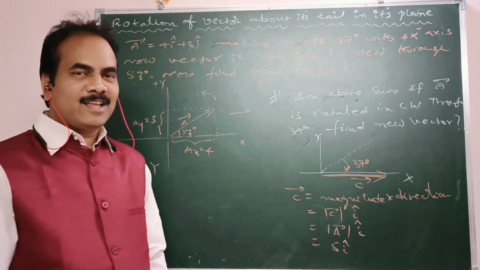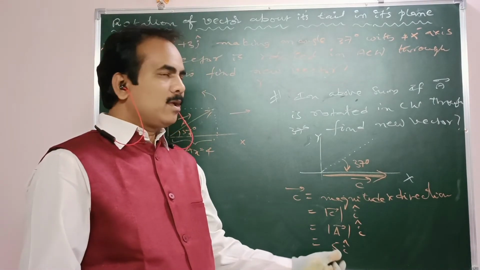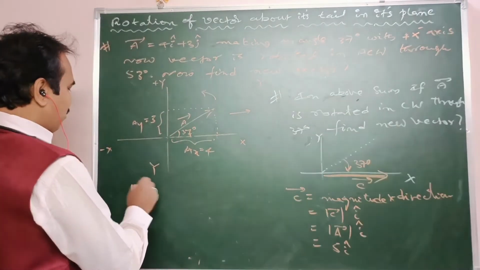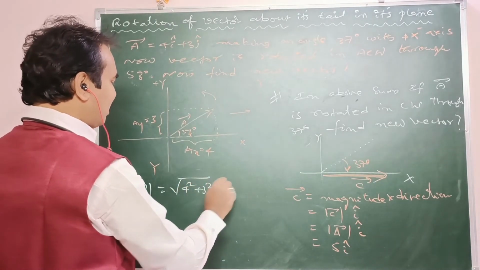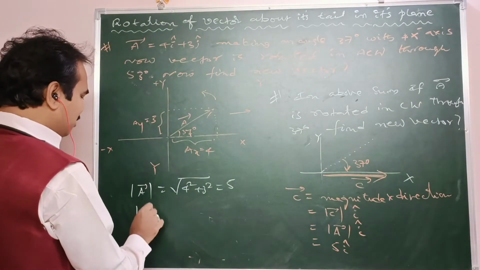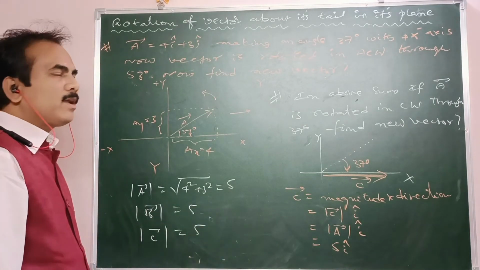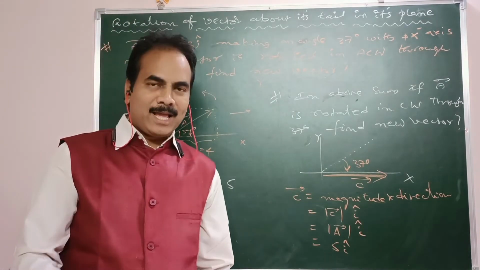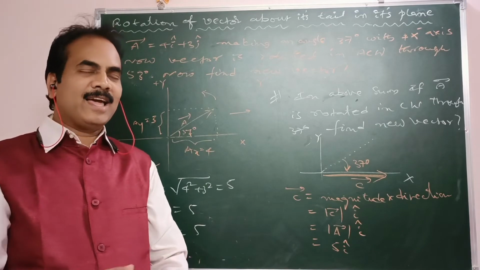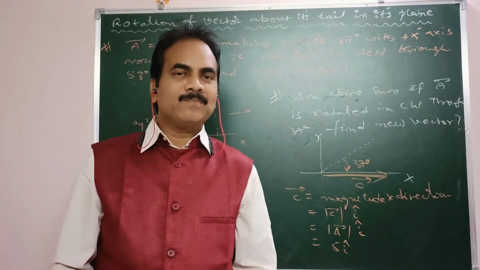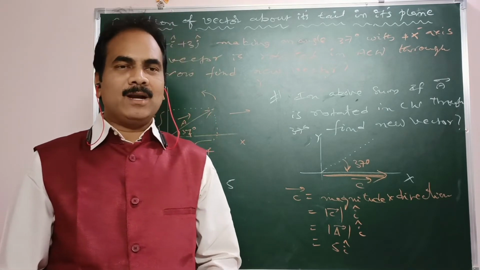Now what makes the difference here? Only the direction changes. Mod a bar equals root over ax square plus ay square, that is root over 4 square plus 3 square, which is 5 units. Mod b bar is also 5 units, and mod c bar is also 5 units. So when a given vector lies in a plane or along any direction, positive x, y or z, whatever it is, it has no change in its total length or magnitude, but only the direction changes.